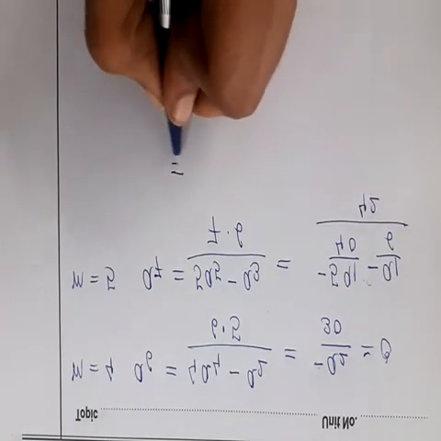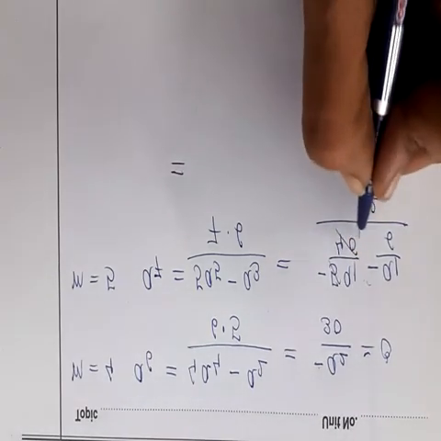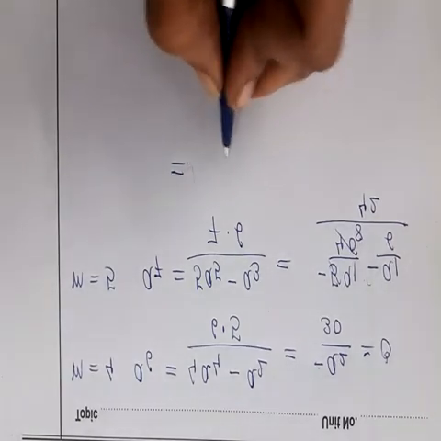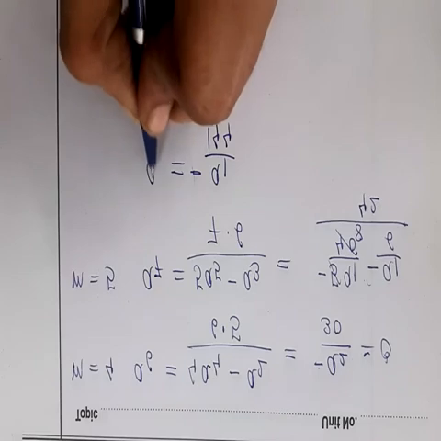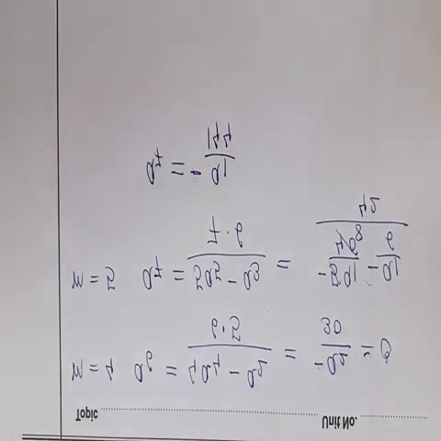So a7 is equal to minus a1 divided by 144.